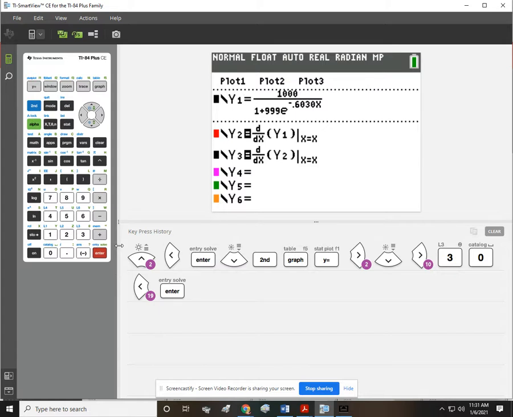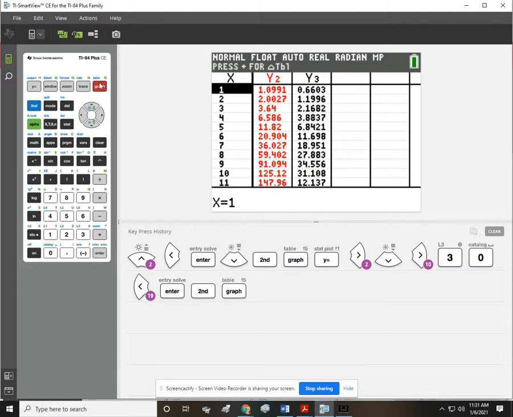We're finding the first derivative and second. So I'm just going to turn that off, and then I'll go to the table, and then I can fill in the values for first and second derivative for particular values of t or x.